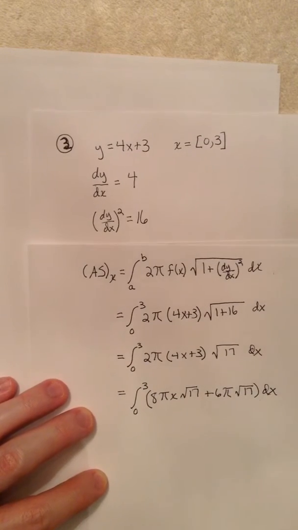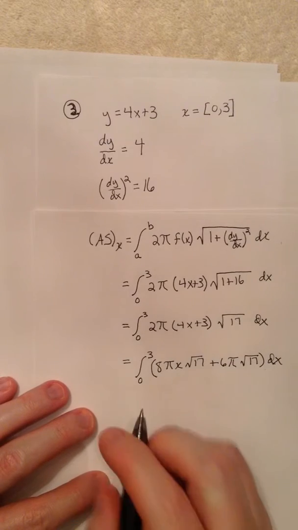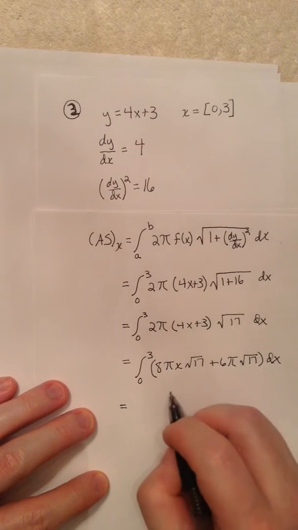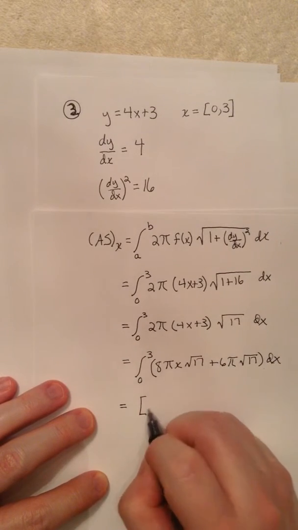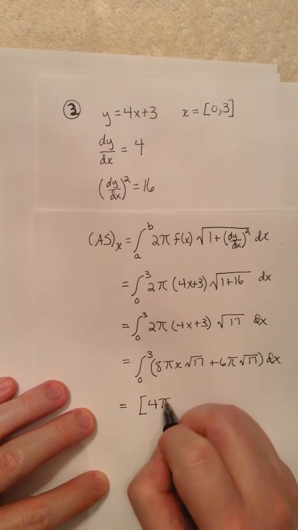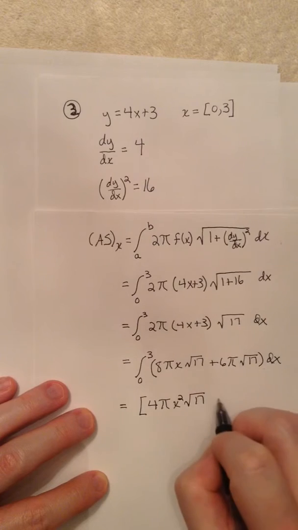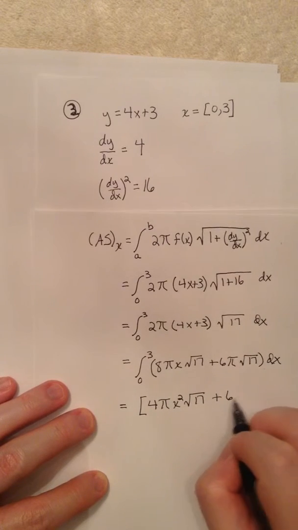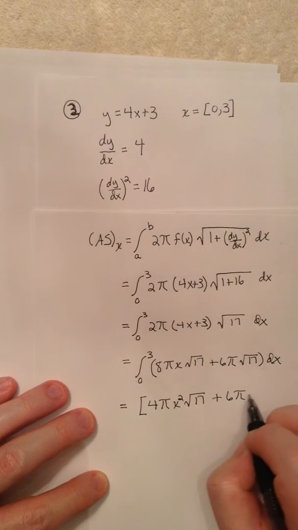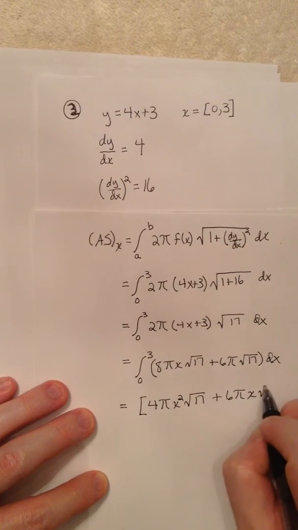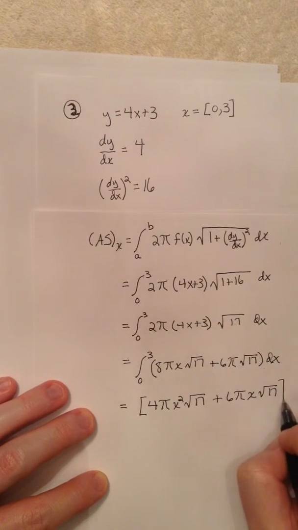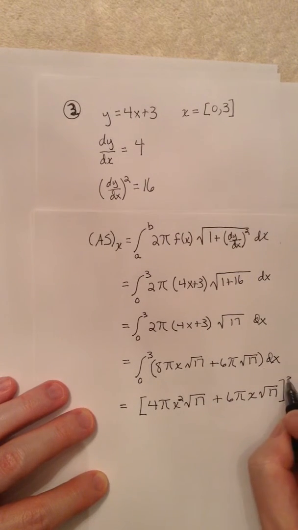dx. And as we look at integrating, the antiderivatives will be 4 pi x squared times the square root of 17 plus 6 pi x times the square root of 17 as x goes from 0 to 3.